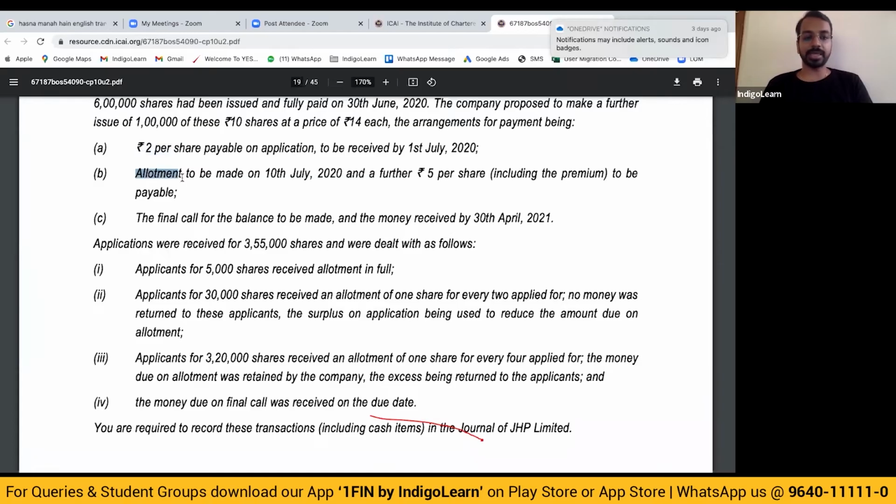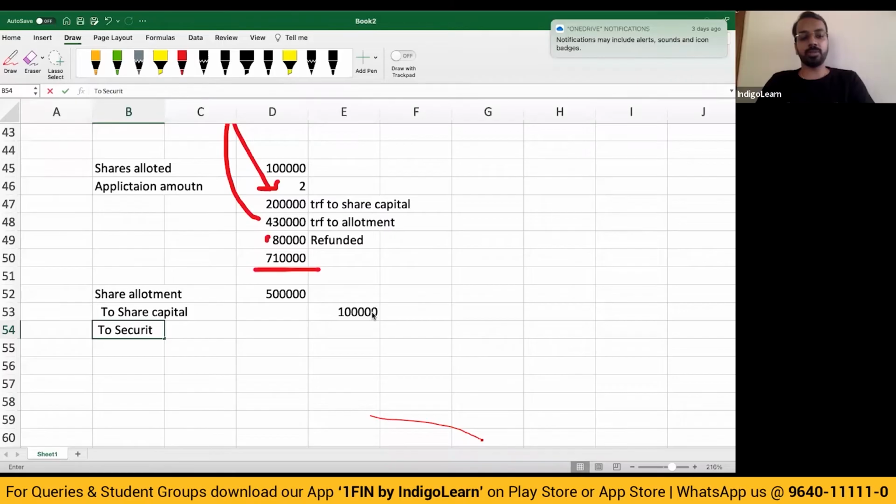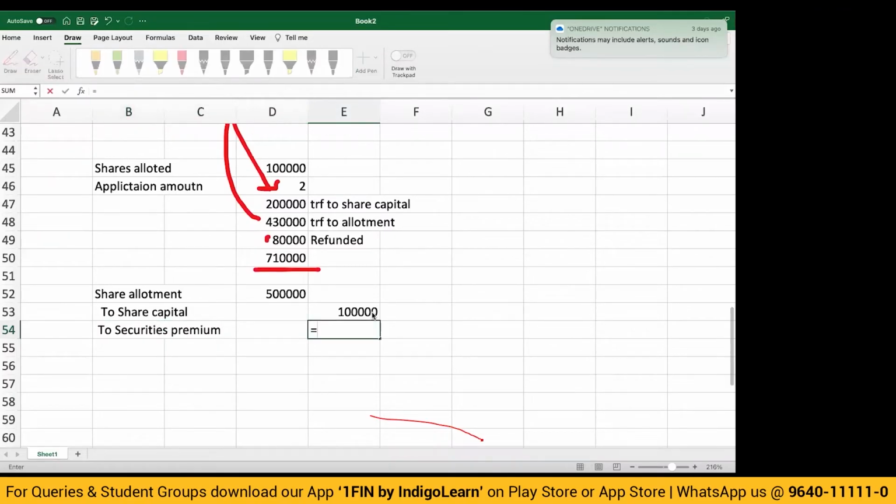Now when we are making this allotment due entry for 1 lakh shares, how much should be credited to share capital and how much should be credited to securities premium? 1 lakh to share capital and to securities premium, how much? 4. 1 lakh multiplied by 4, 4 lakhs.